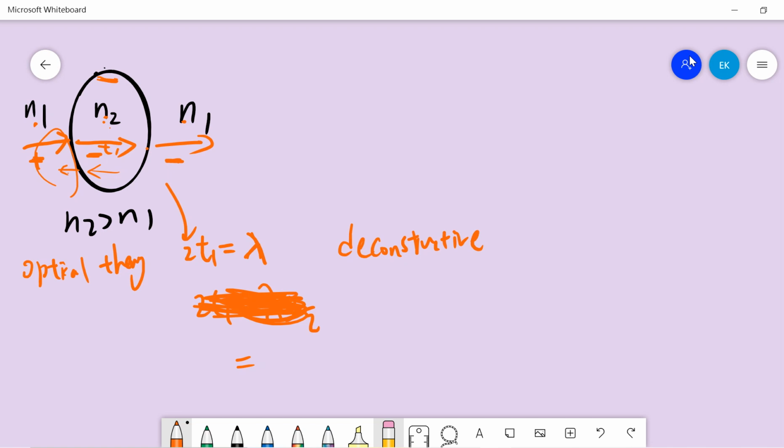If there is a lambda difference, it means it's destructive. But if there is a lambda plus a half difference, it means it's constructive.